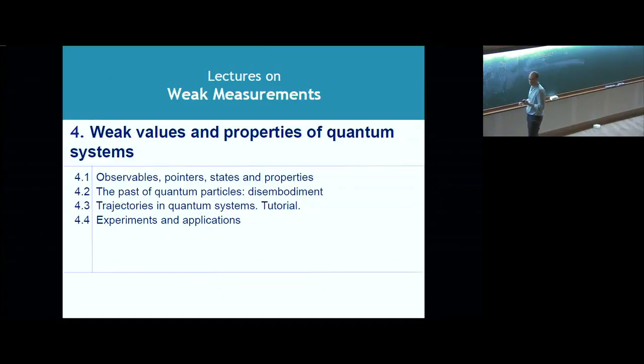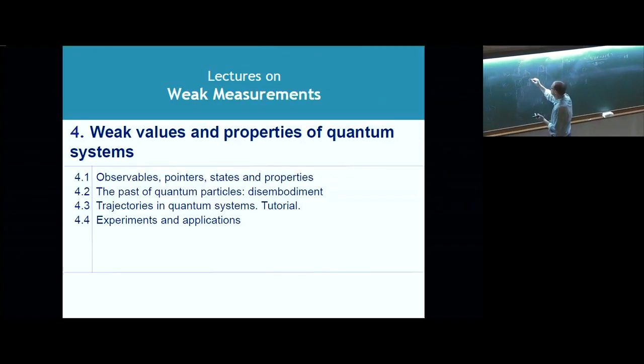Right, I'm coupling a pointer just to box B, only to box B. Then what I will see, since the weak value is 1, is that the pointer sees the particle in box B. And if somehow, and somehow means in an interferometer type setup, I could do this.